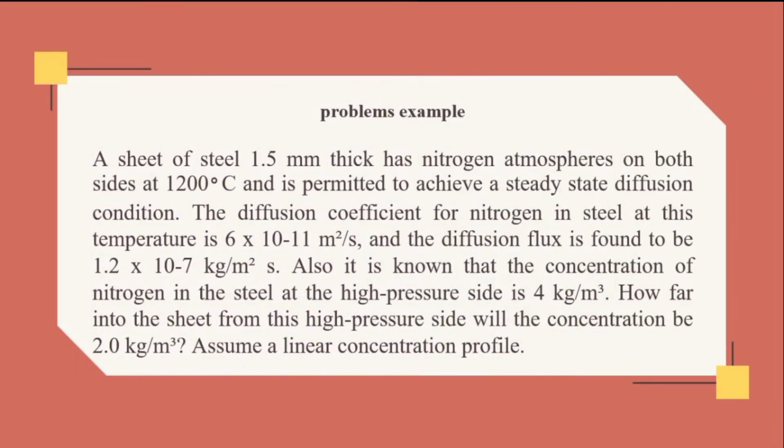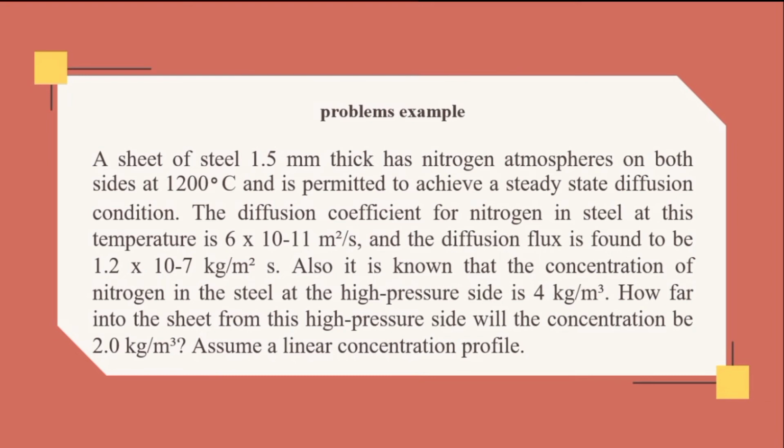A sheet of steel 1.5 millimeters thick has nitrogen atmospheres on both sides at 1200 degrees Celsius and is permitted to achieve a steady state diffusion condition.